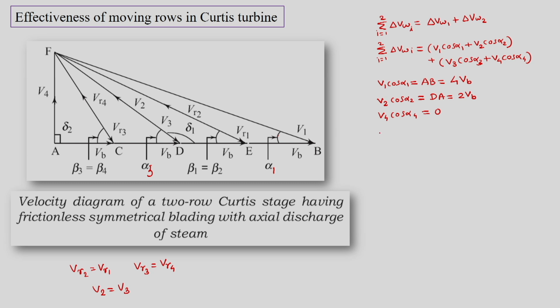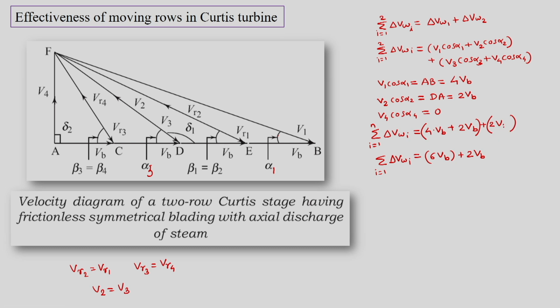So we will have the sum of delta VWi, i equal to 1 to n, equal to 4 VB plus 2 VB plus 2 VB, where the first part is for the first stage and the second for the second stage, which is 6 VB plus twice VB.